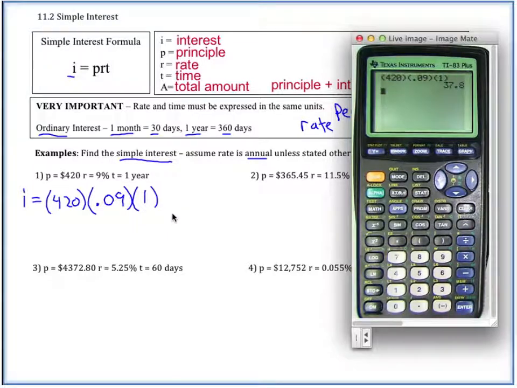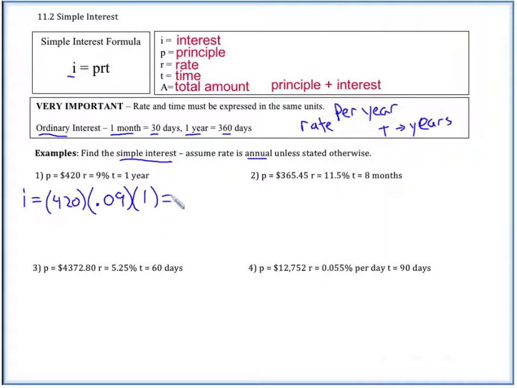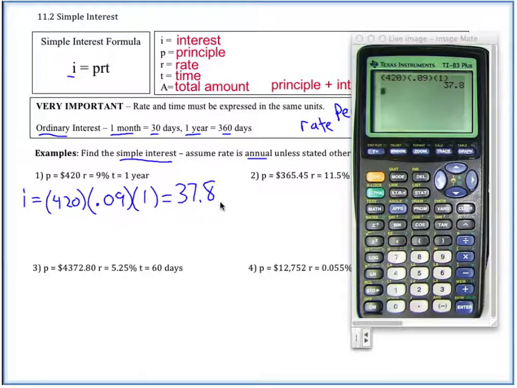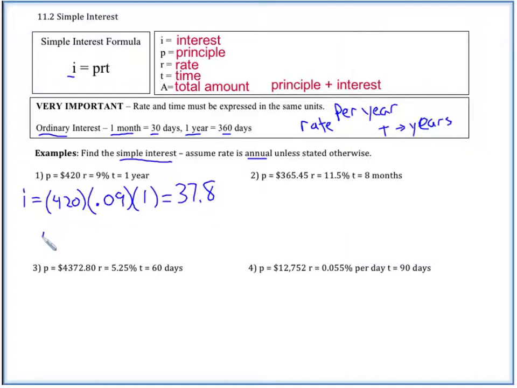And let's go ahead and enter here, and we get 37.8. Now that $37.8 is our interest. So we're going to rewrite this as a dollar amount, $37.80. So that would be the amount of interest earned on $420 at 9% over the time of 1 year.